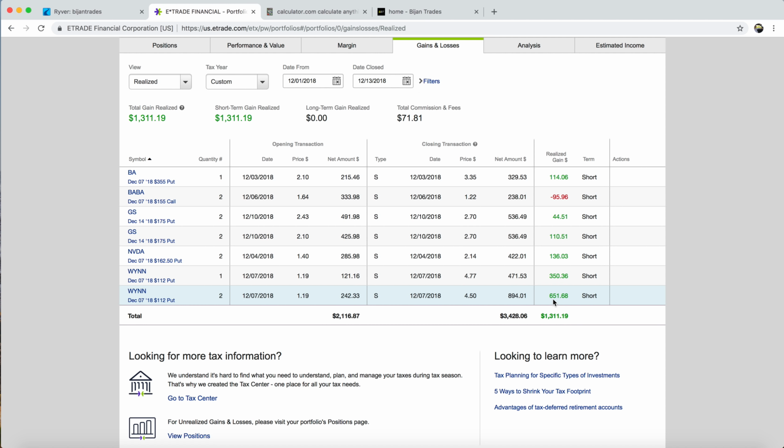It's easier for me to do it by hand. 114.06 minus 95.96 plus 44.51 plus 110.51 plus 136.03 plus 350.36 plus 651.68 gives you $1,311.19. So we made $1,300 in a week using less than $250.